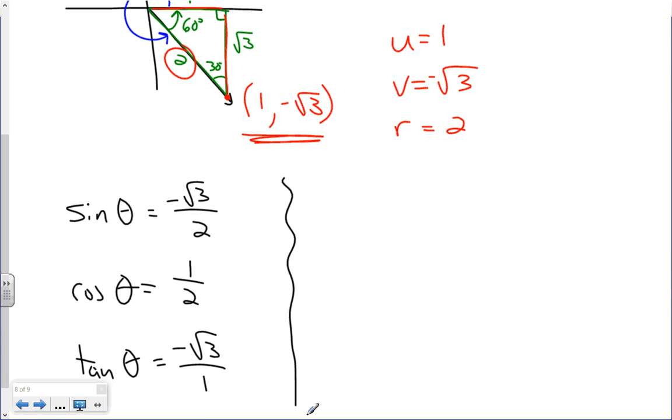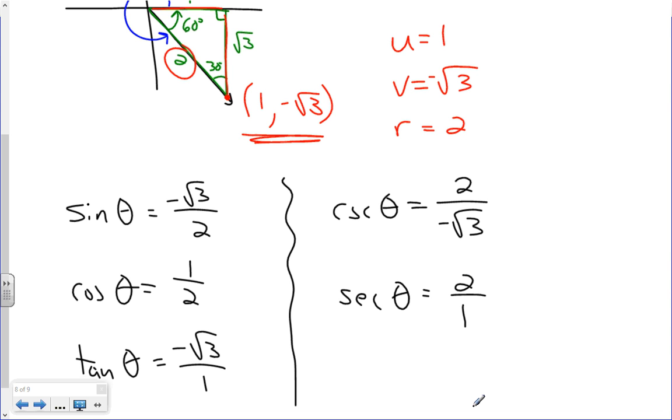So now, for the reciprocals, the reciprocal of sine is the cosecant of theta. And since it's a reciprocal, just take that quotient there and flip it over. We end up with 2 over the negative square root of 3. And then for secant, secant is the reciprocal of cosine, so that's going to be 2 over 1.